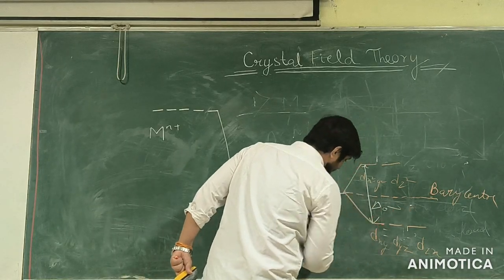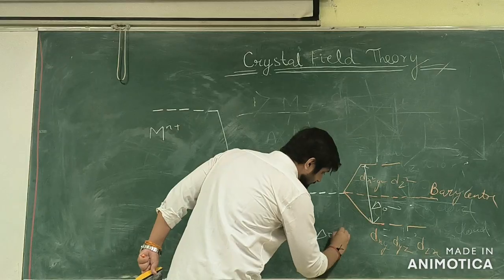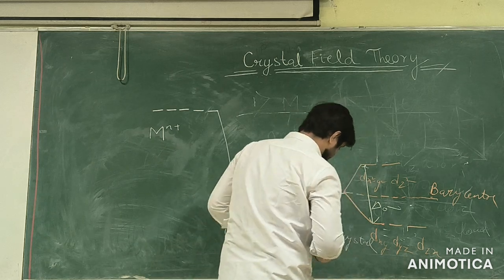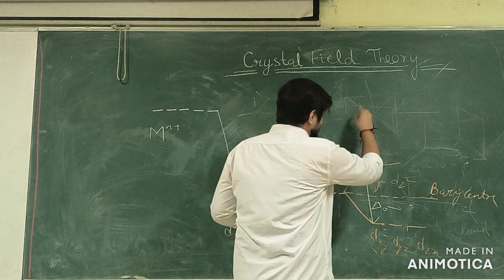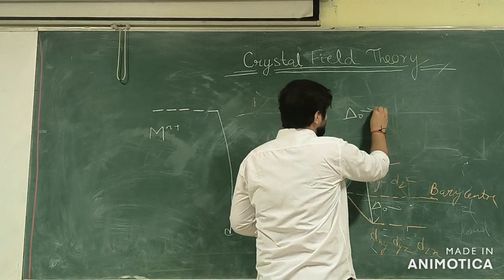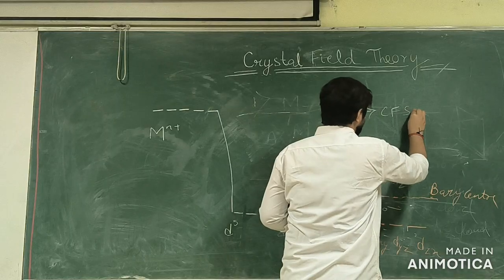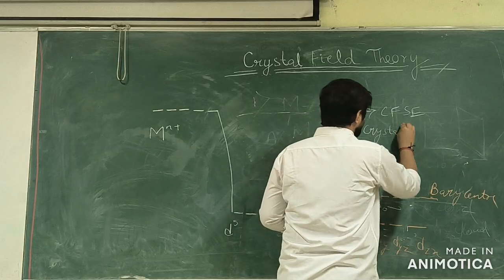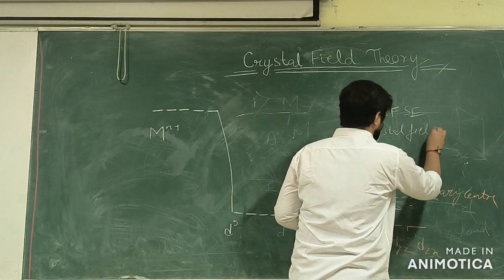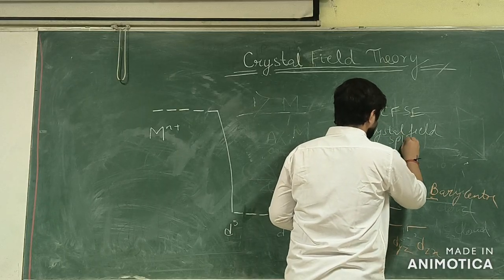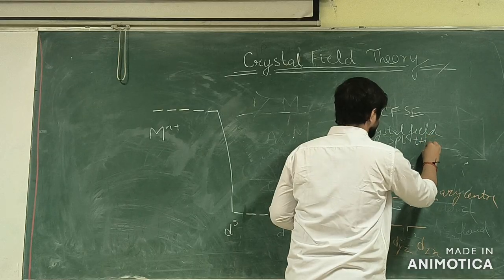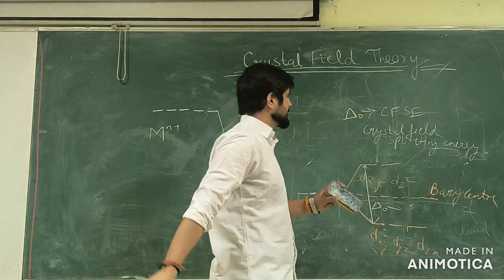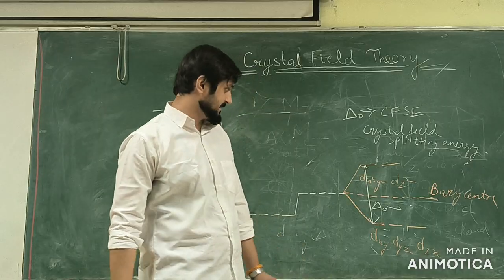This delta naught is the CFSE, or crystal field splitting energy. So this is the crystal field splitting energy.